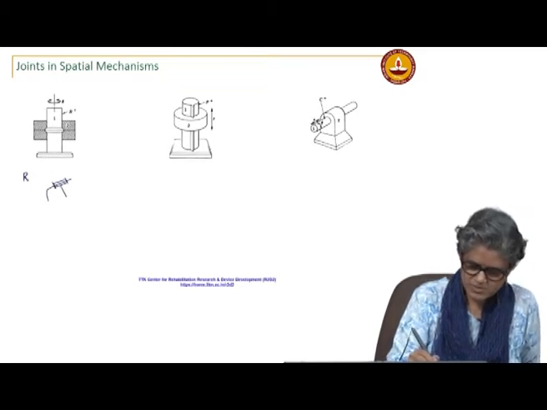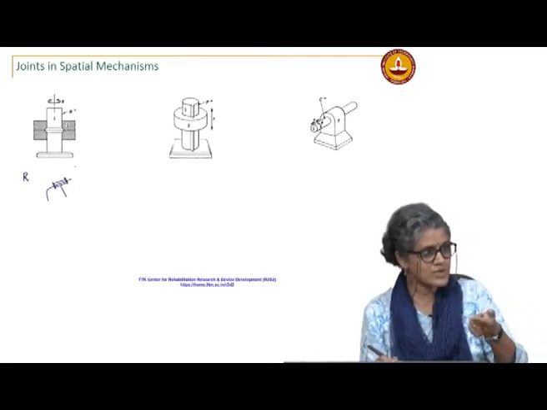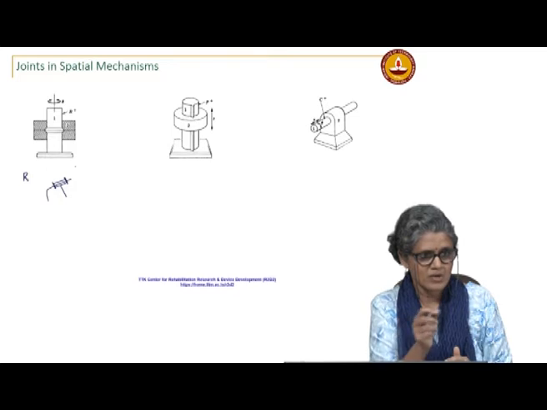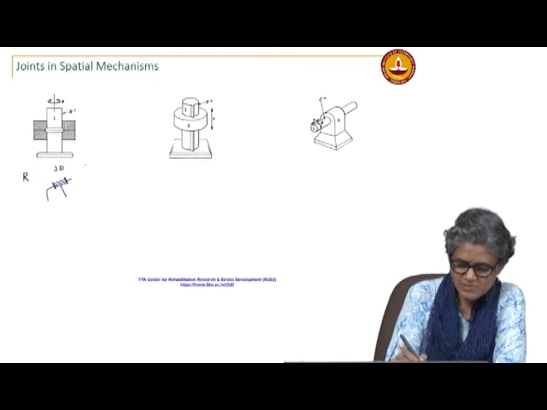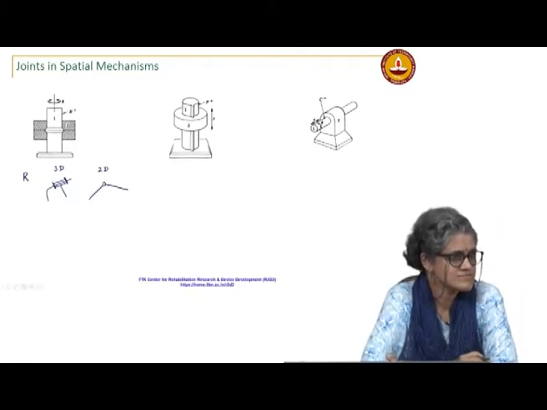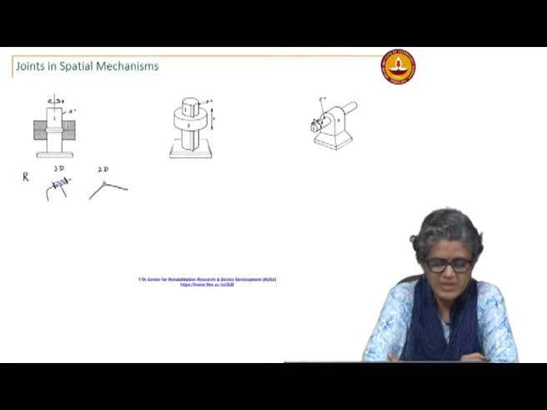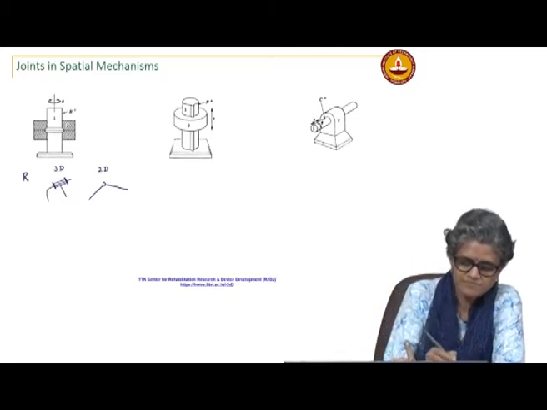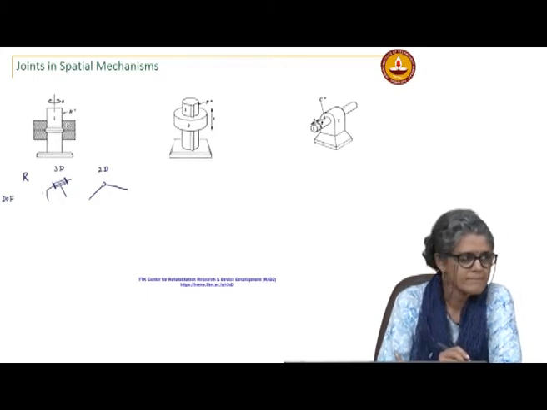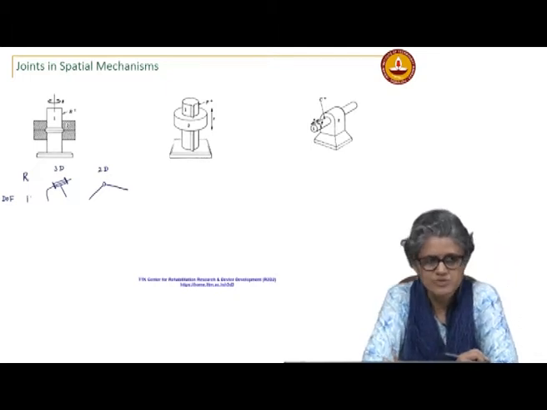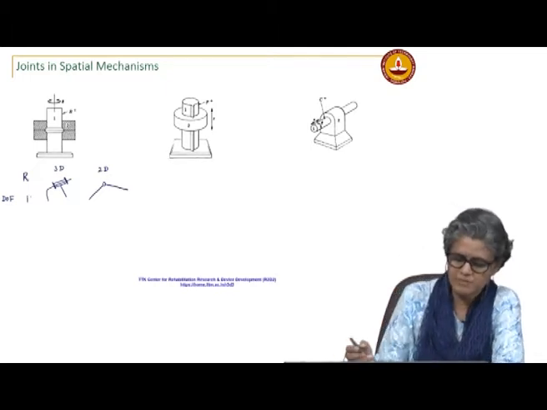This shows that it can only rotate with respect to the other link and not translate. So, if this is your 3D representation, and the 2D representation we just showed in planar, this is how we show the revolute joint. How many degrees of freedom do you have? Only one. The revolute joint still has only 1 degree of freedom.